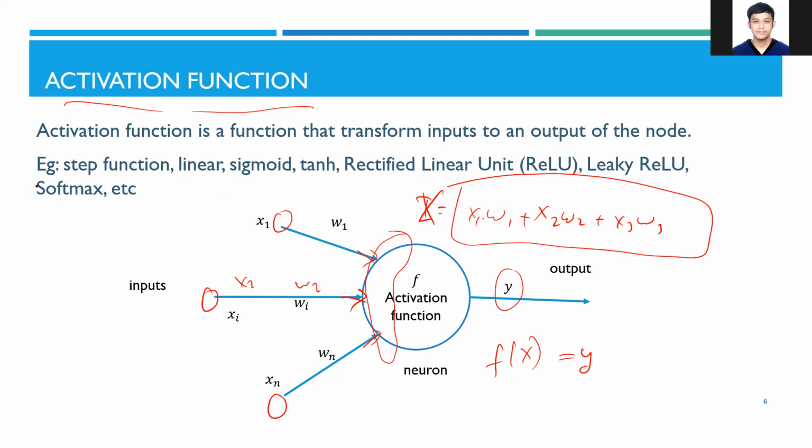For example, the simple one, we have step function, and then linear, sigmoid, tanh, ReLU, and softmax, and many others. Because research in neural networks is still growing, I believe many researchers are still trying many different activation functions. But in general, after we combine all the input, we use this function to transform it into output.